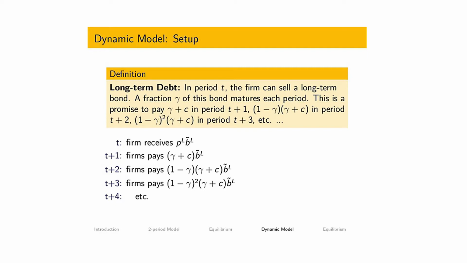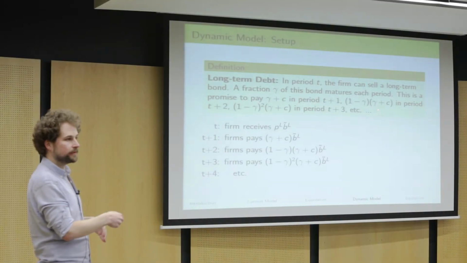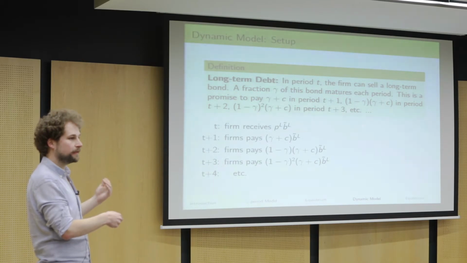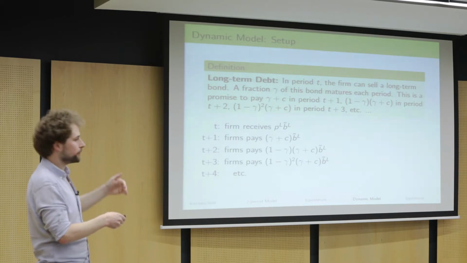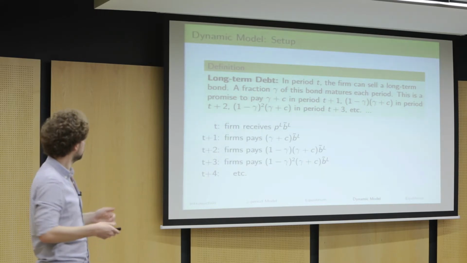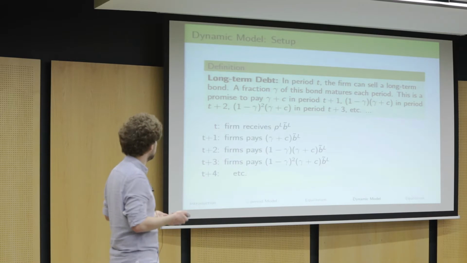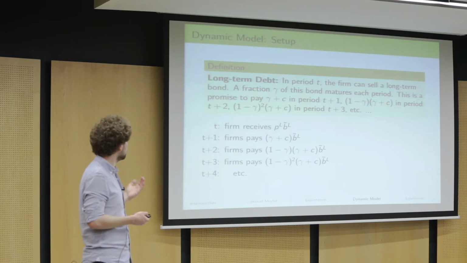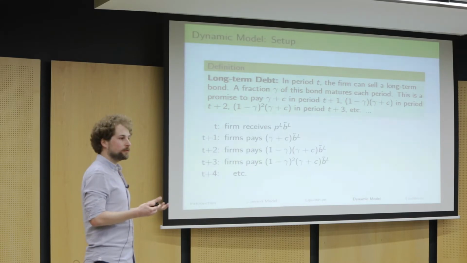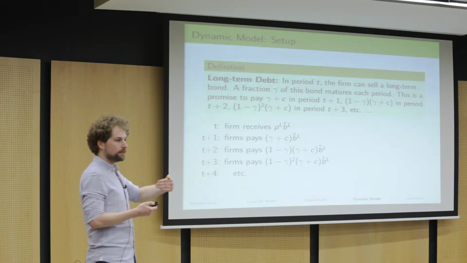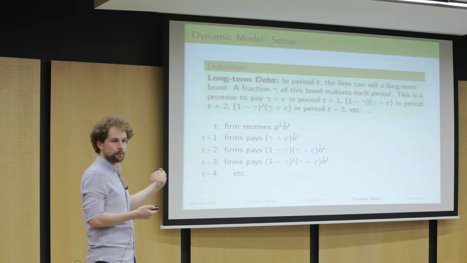Then in period T plus 2, 1 minus gamma of this debt is still outstanding, and again on this remaining fraction, the firm repays a fraction gamma plus C, and so forth. So over time there's a geometric decay in this payment. This bond goes back to Leland in the 90s, and that's a nice way to model long-term debt because it allows us to summarize the whole history of past long-term debt issuance of a firm with a single state variable.